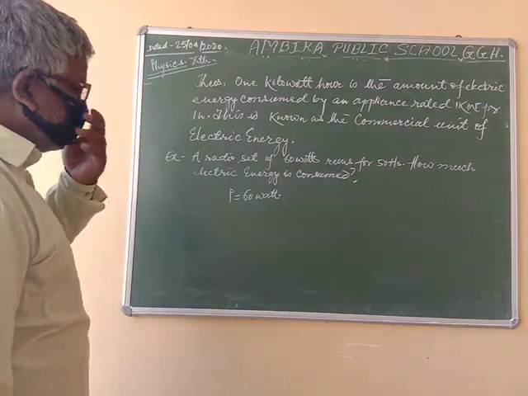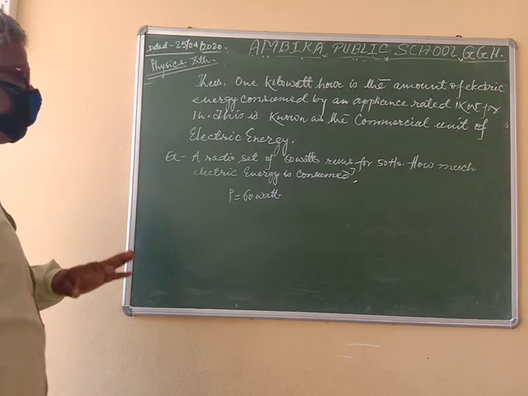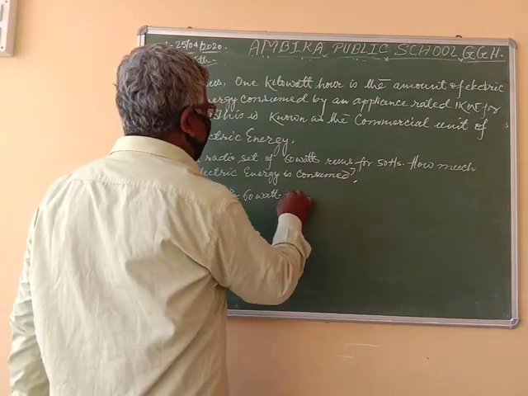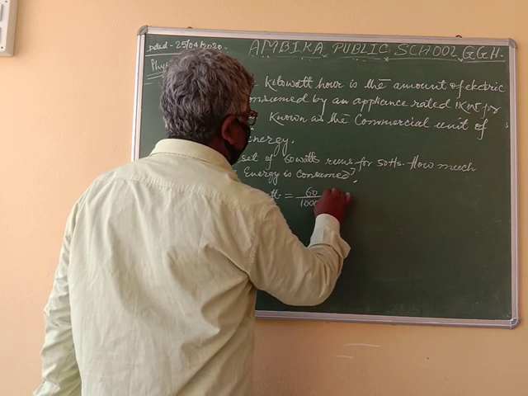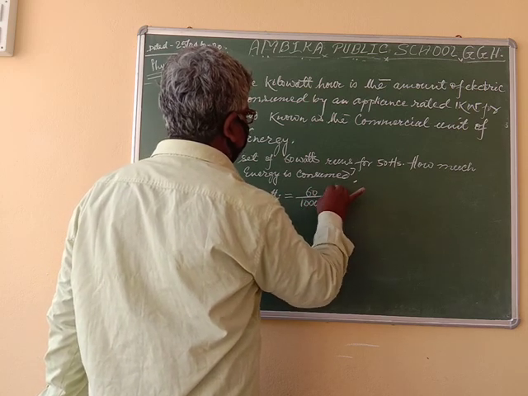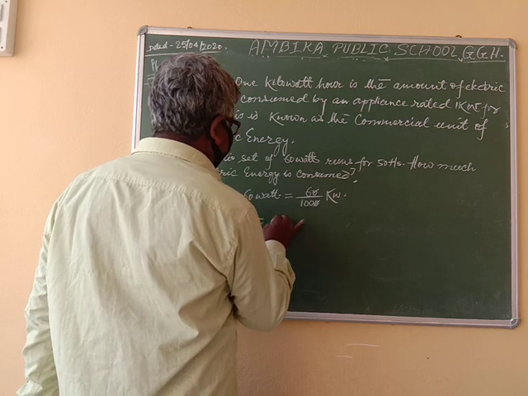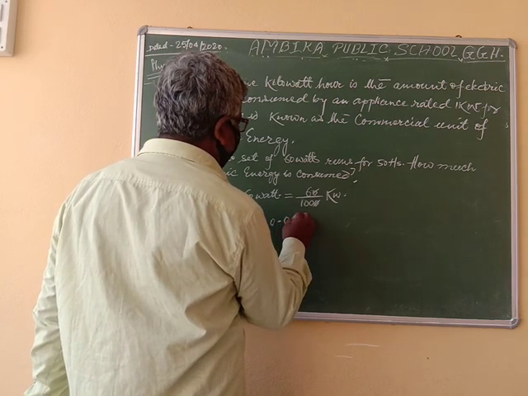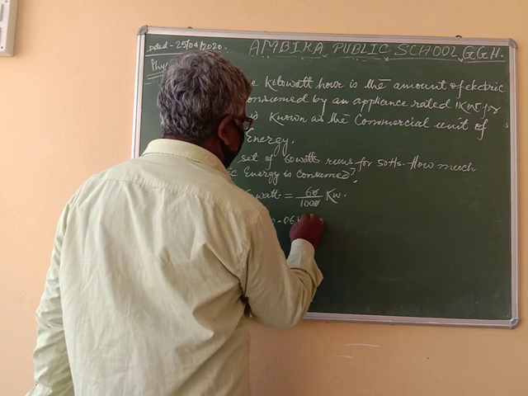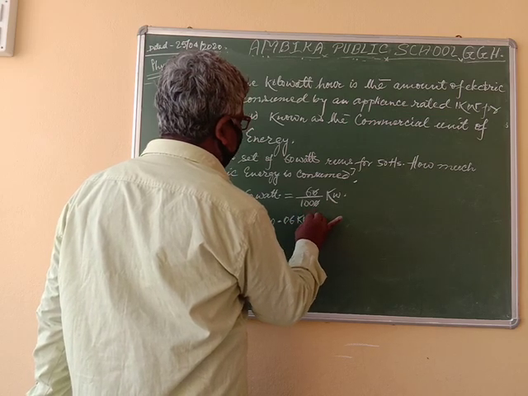Then we have to change it into the standard unit, that is 60 by 1000 kilowatt, which is equal to 0.06 kilowatt.